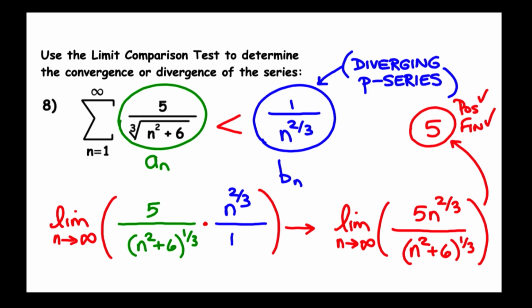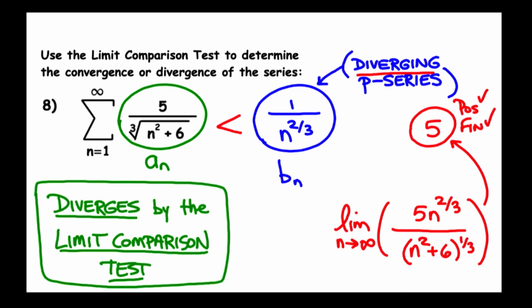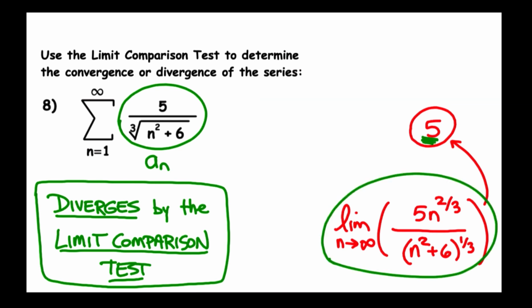And since the blue diverged, the green is going to diverge as well. So let me write that answer. Again, on your tests and quizzes, don't write LCT. Don't go into abbreviation mode. I'm not going to know what LCT is. Write it out: limit comparison test. There are certain things that can be abbreviated, and everybody knows what they are. This is not one of them.